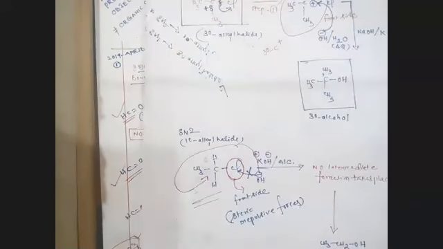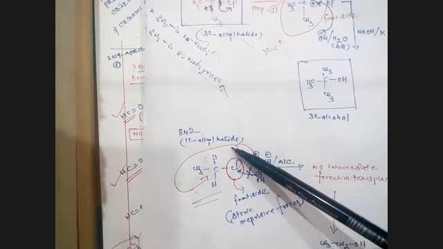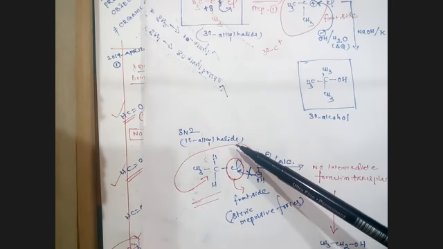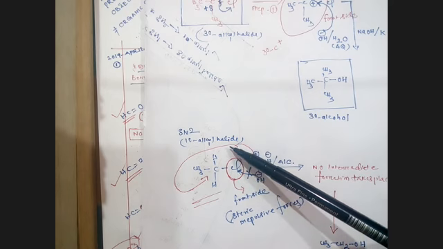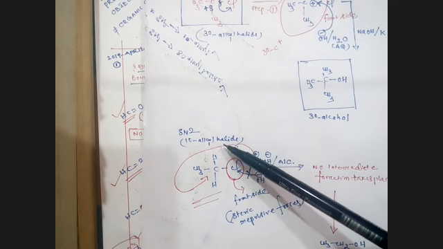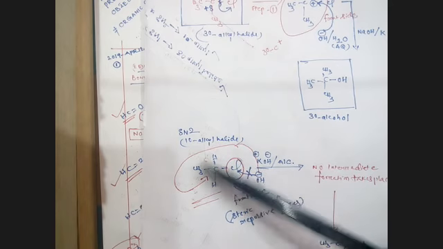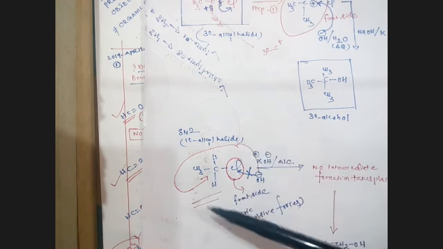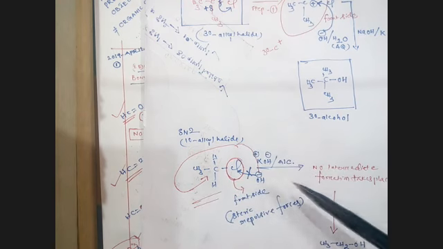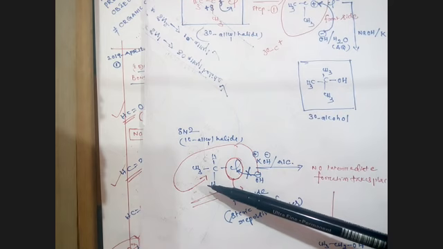What is SN2? SN2 reaction is identified in primary alkyl halide, and SN1 reaction in tertiary alkyl halide. In SN2 reaction, the attack of the nucleophile takes place on the back side of the alkyl halide.